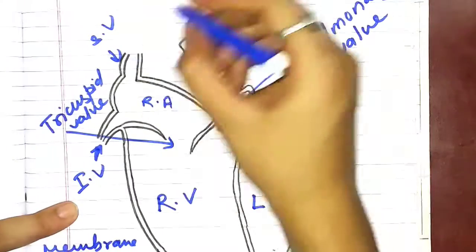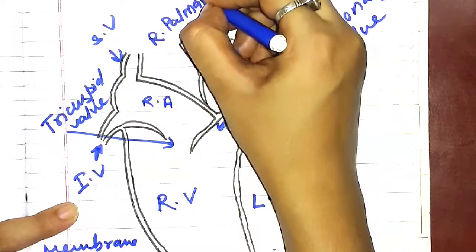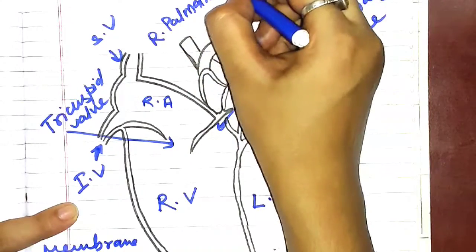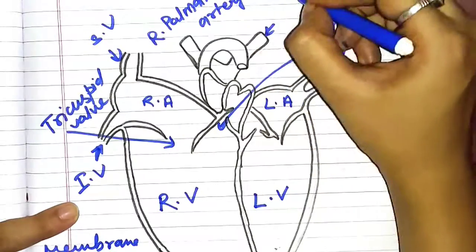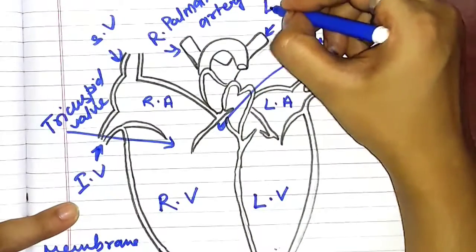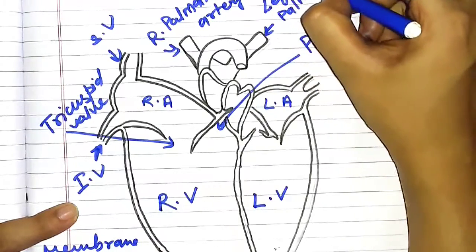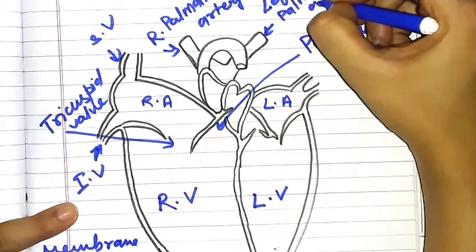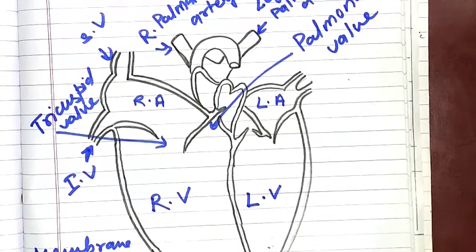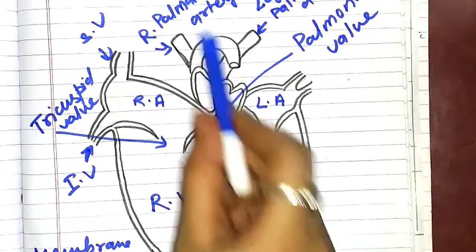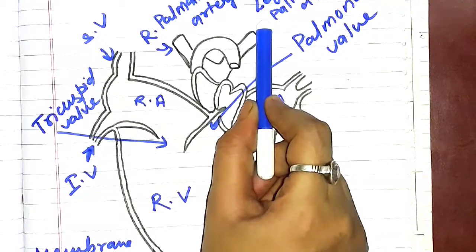The pulmonary artery is divided into two, the right pulmonary artery and the left pulmonary artery. Both arteries take the blood to the lungs for oxygenation.